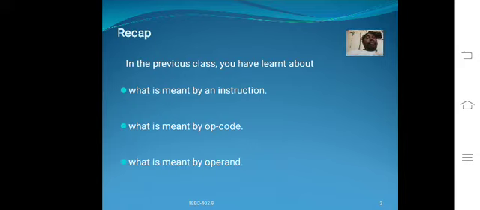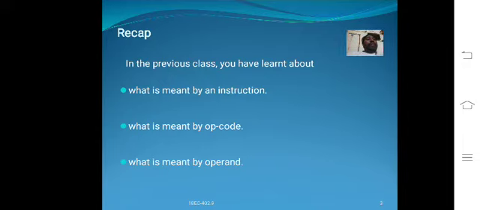In the recap, in the previous class, we learned what an instruction is, what an opcode is, and what an operand is. Today's discussion is 1 byte, 2 byte and 3 byte instructions.